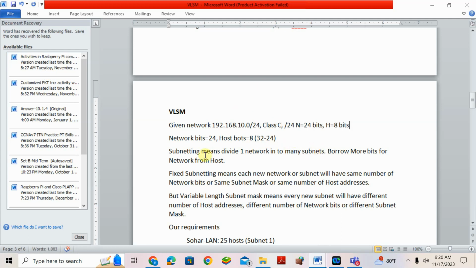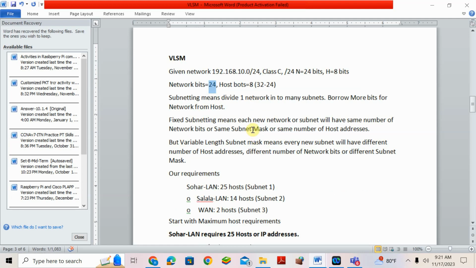Now subnetting means dividing a network into many subnets. So borrow more bits for network from host. So during subnetting, 24 will change to 25, 26, 27, and the host bits will reduce to 7, 6, 5, 4, like that. So fixed subnetting and variable subnetting are written here. We are going for the VLSM, variable length subnet mask.